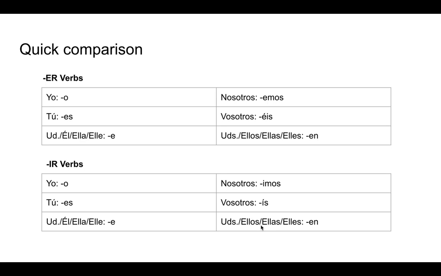What forms are the same? Let's compare. Yo, I've got o and o. Those are the same. Tú, es, also the same. The usted form, also the same. Nosotros, emos, that's a little different.